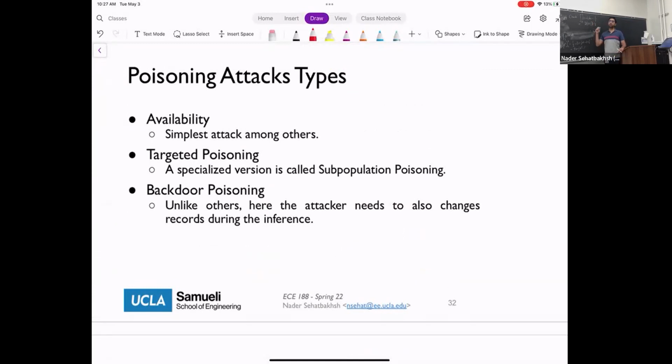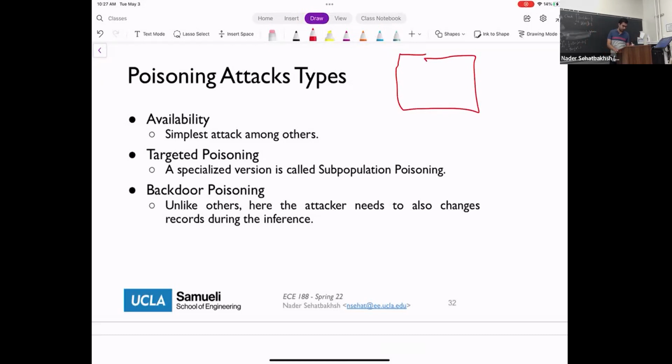During the inference, since the system has learned and associated those features to those classes, whatever image or record we have, if we add those features, it will automatically label the input to that class. To give you an example, let's say you have an image of a scenery.